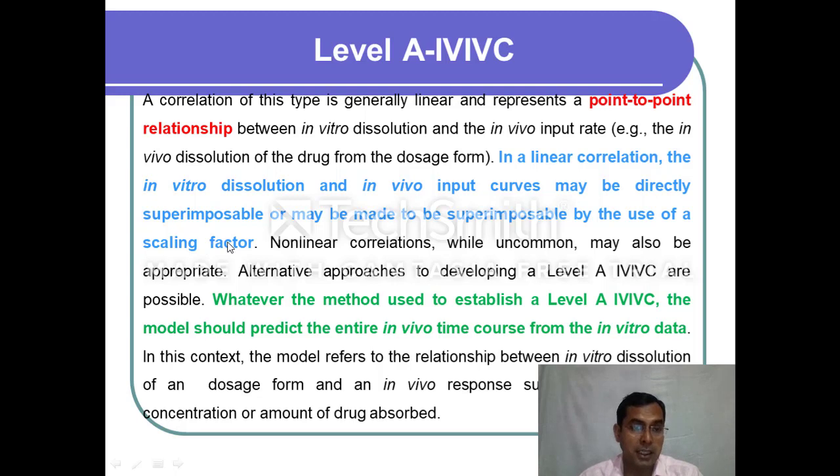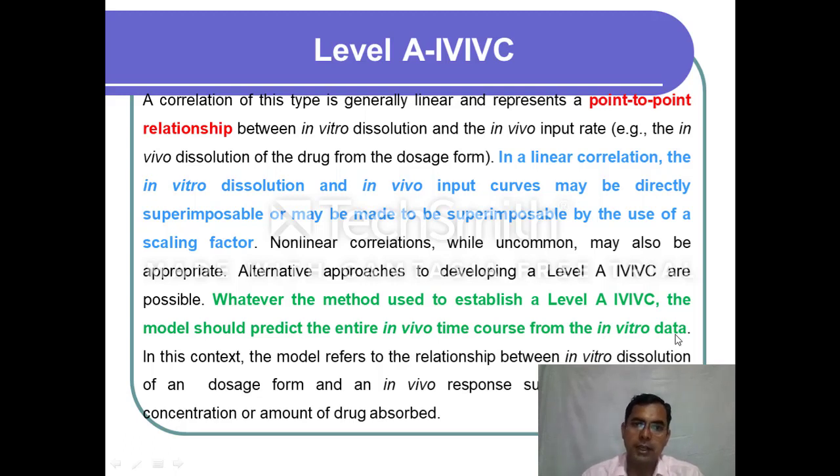So if the in vitro dissolution data and in vivo absorption data, that is the plasma drug concentration time profile, match point to point, that is superimposable, then we can say it is a level A IVIVC. Whatever the method used to establish a level A IVIVC, the model should predict the entire in vivo time course from the in vitro data.